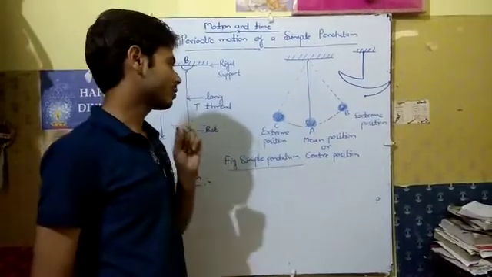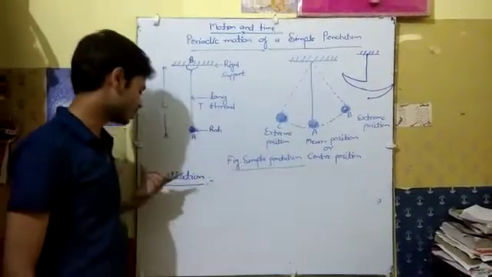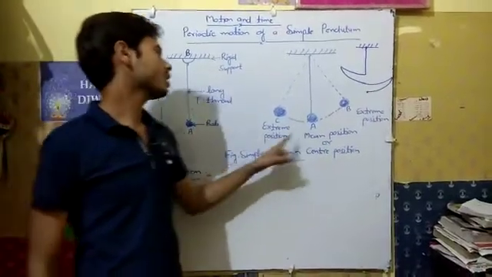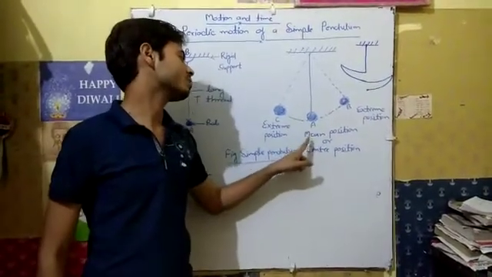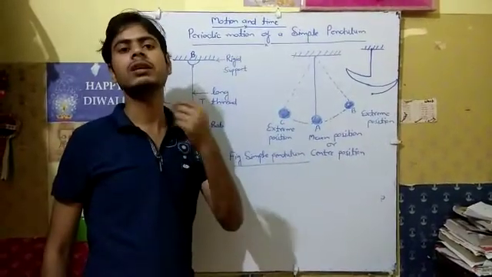We can write here the definition of the oscillation. What is the oscillation? When a bob goes from its mean position to the extreme position, then it completes the oscillation.